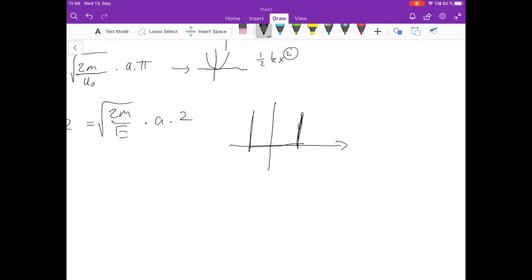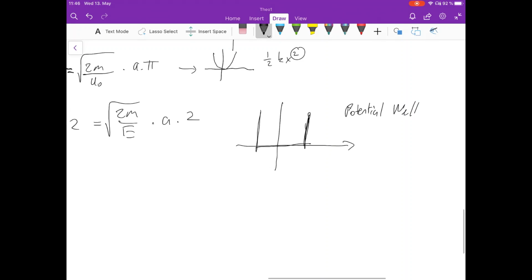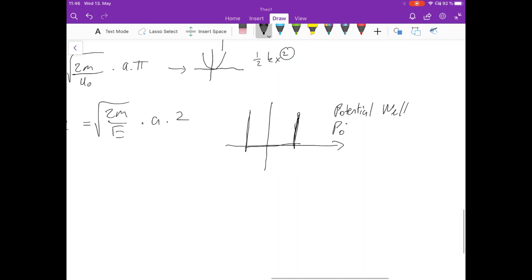So you can see this is x squared now here. And as an example of this potential, we can give the potential well, which is extremely relevant in quantum mechanics, quantum physics overall. And in German, it's Potentialtopf.